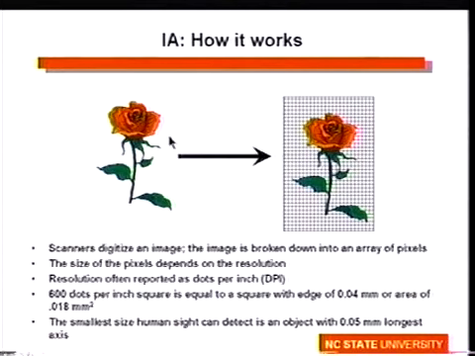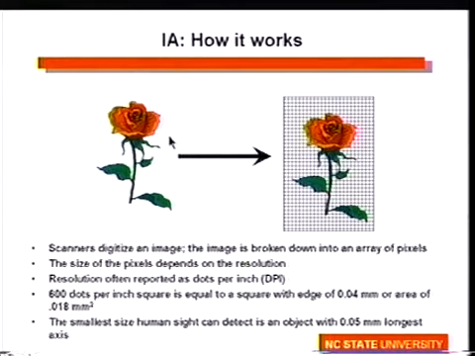When you get a digital image, that digital image is composed of an array of smaller areas. Each of these areas is called a pixel. So we digitize an image into an array of pixels, and the pixel size depends on the resolution of your scanner. Say your scanner is 600 dots per inch.